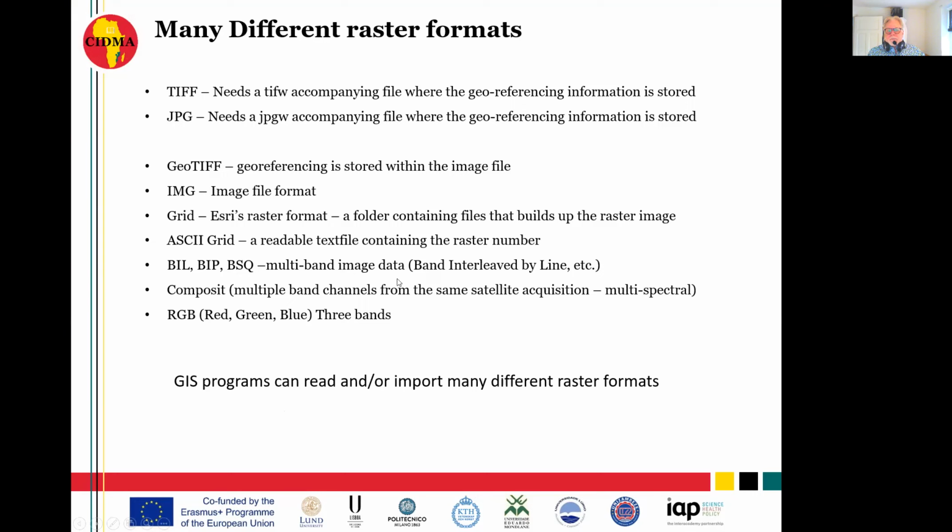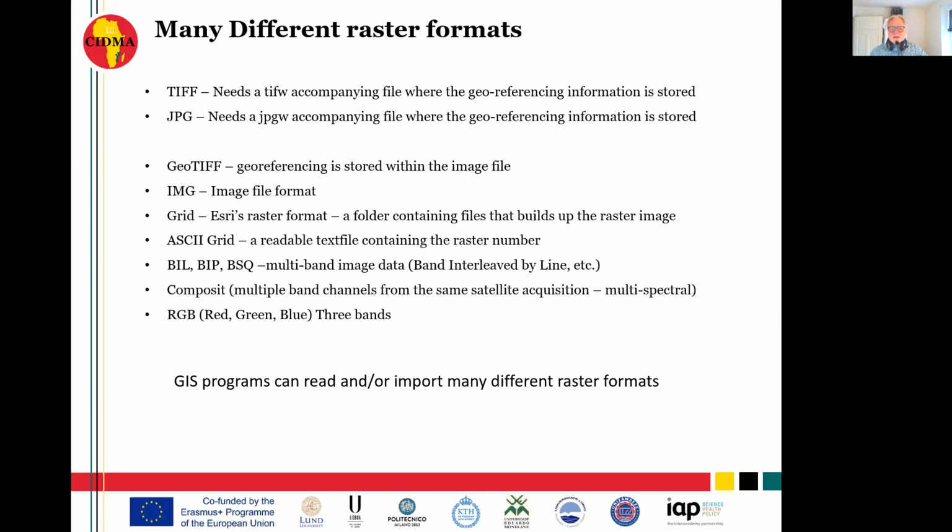It could also be a composite file where multiple bands have been put together into a composite that holds the different multispectral bands. And then we have the RGB possibility also, which we can say is a normal color image.